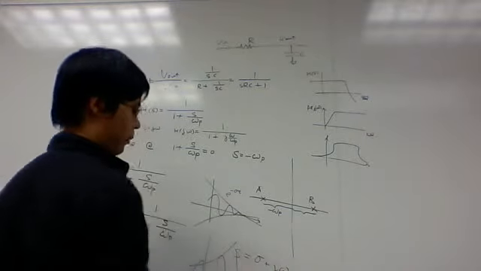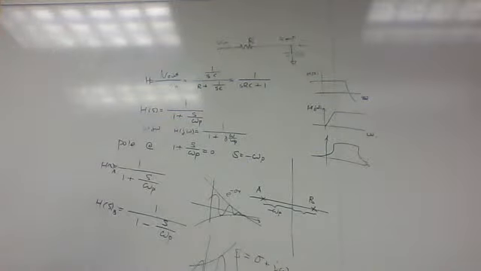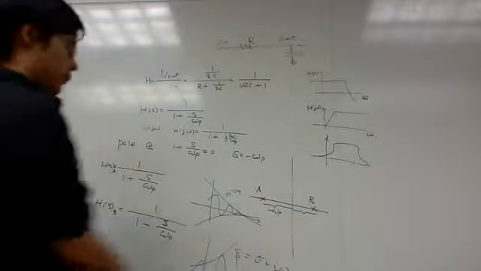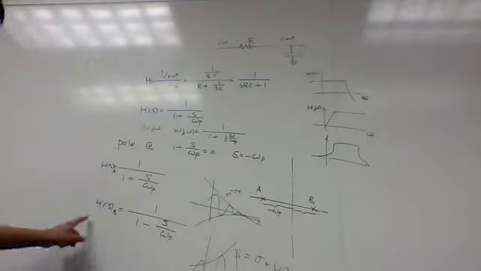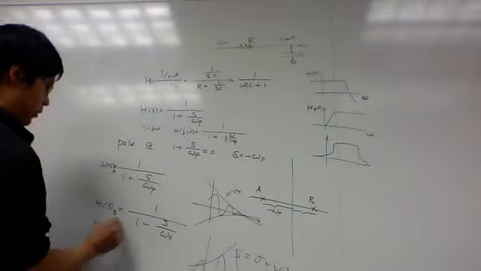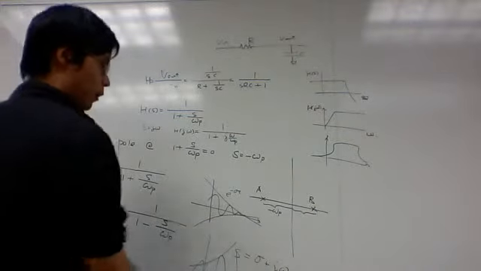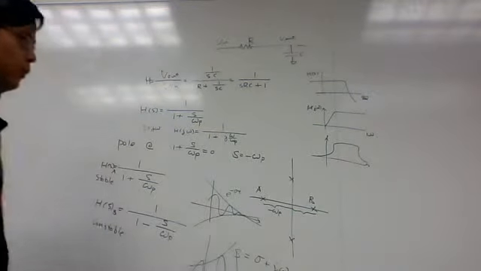You get some response like this. So for the circuit to be stable, the real part has to be on the left side, the real part has to be negative. So this is unstable, right? And this one is a stable one. Okay, and what if the pole is on the j omega axis?